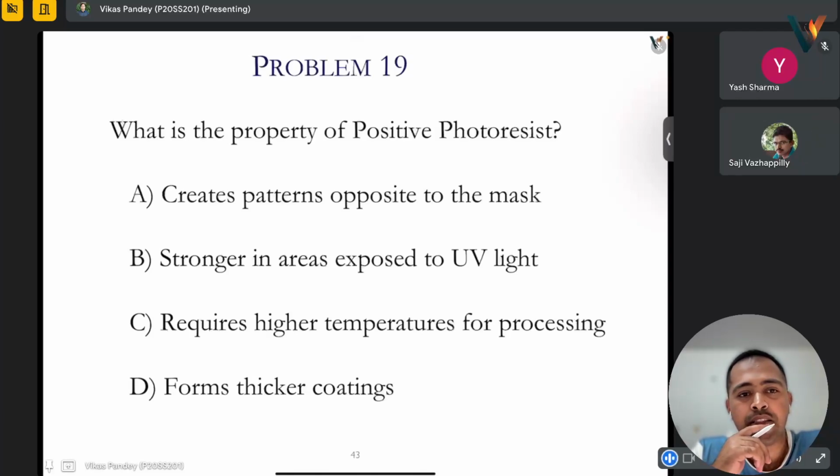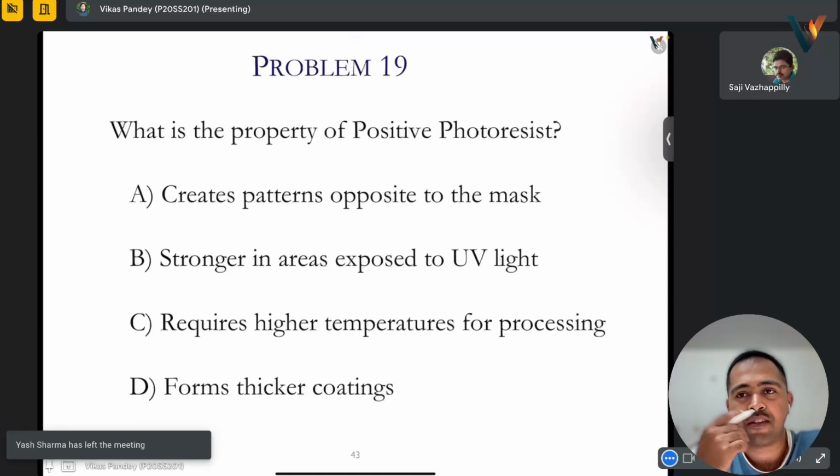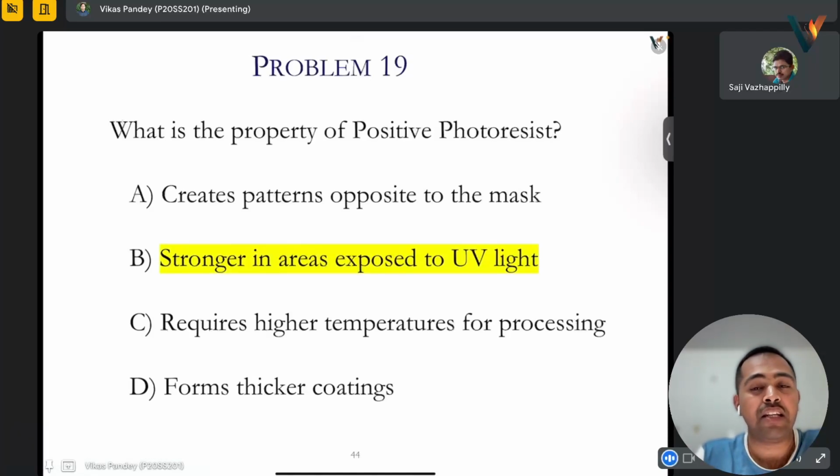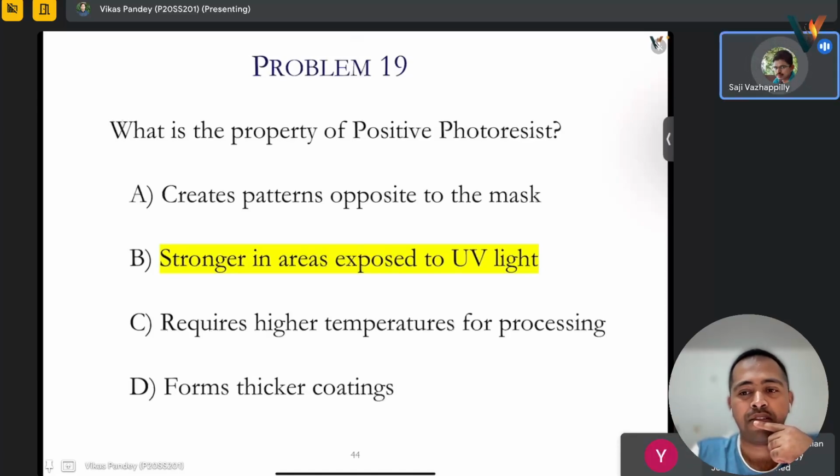Any other answers? It is stronger in areas exposed to UV light. It creates the pattern same as the mask. Now, when you put a mask, for example, and the mask has a hole, then that part exposed to UV will be activated, and the UV part will be removed as a positive thing.